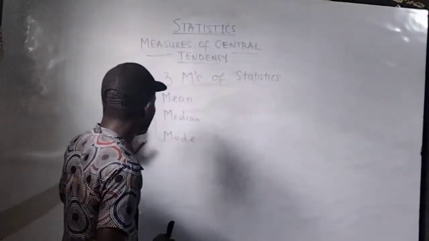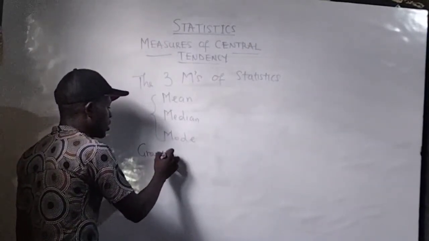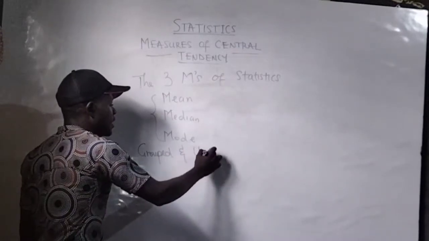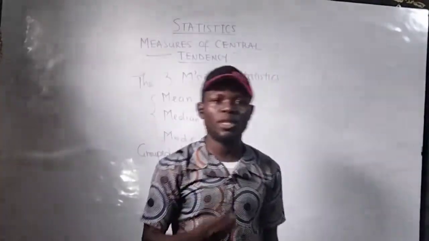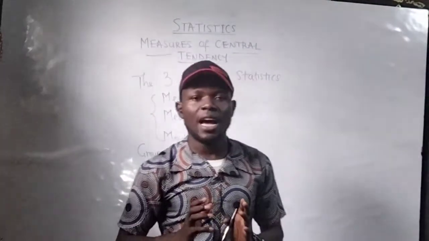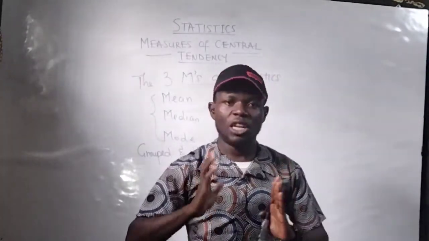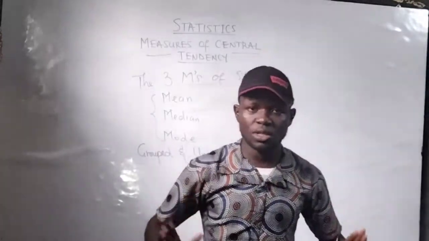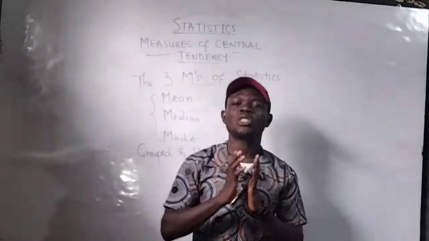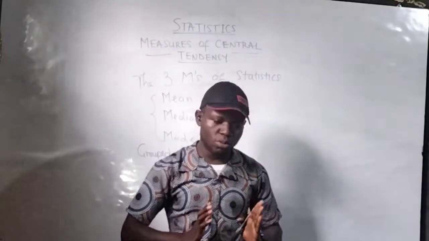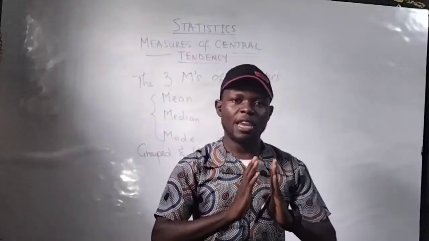I would like to tell you about the grouped and the ungrouped data before we go into our work proper. In grouped data, we have data that are bounded within intervals. For instance, you have scattered distributions, and because of their closeness in value, you tend to group them so that they can be more compact and more organized.